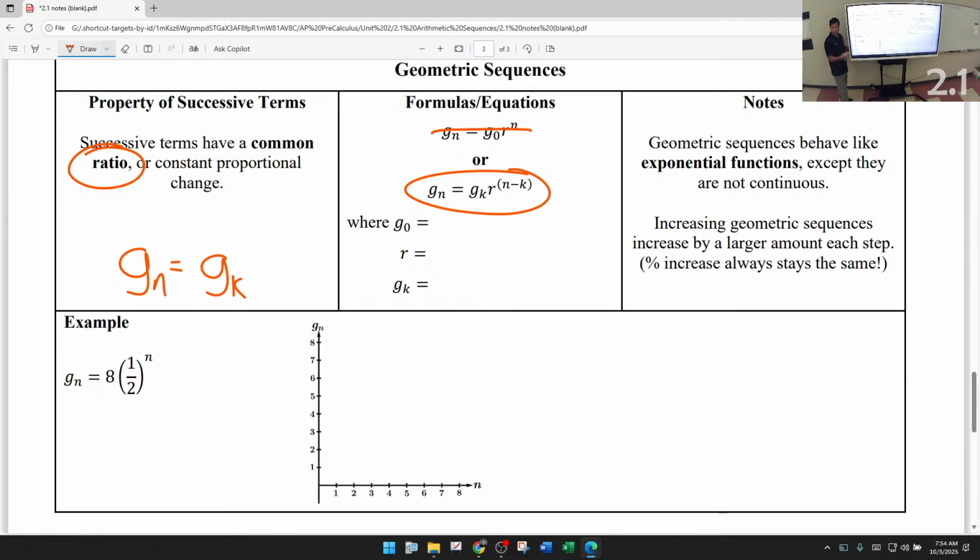Well, they're not going to do plus D, they're going to do times R. So instead of plus D, it's times R, because that's what exponentials do, it's a multiplication. And then they put n minus k as an exponent, not multiplied. So it's not too bad a difference.